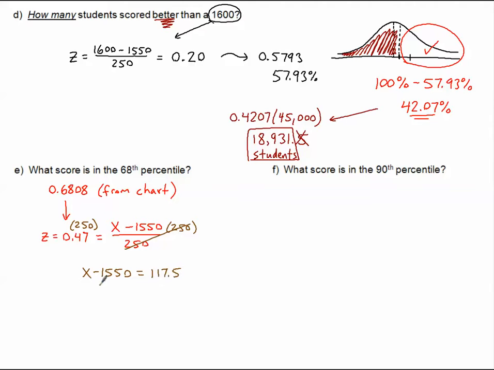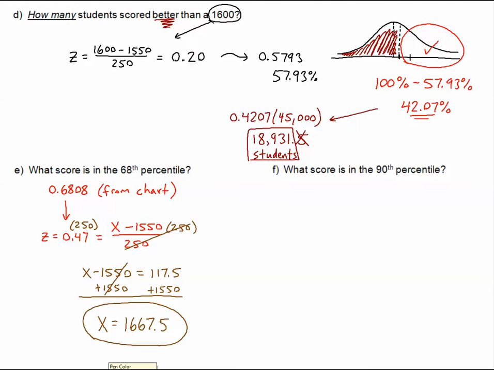And then let's add our 1550 to both sides to solve for x. And we'll have our x, which is our data point, the test value that we're looking for, 1667.5. I guess we're either scoring at 1667 or 1668, but that's the value that would be in the 68th percentile. So we're just going backwards. We're using the process and going backwards.